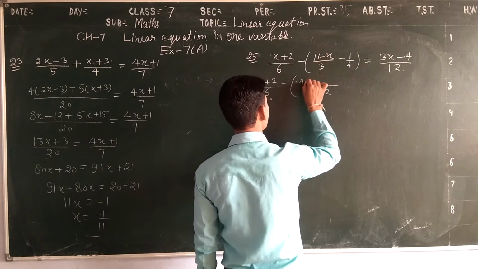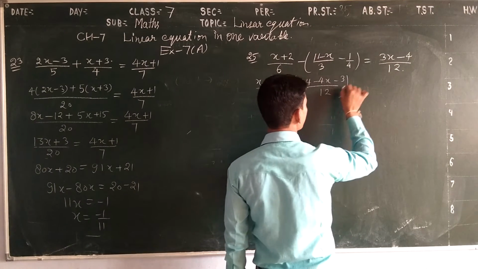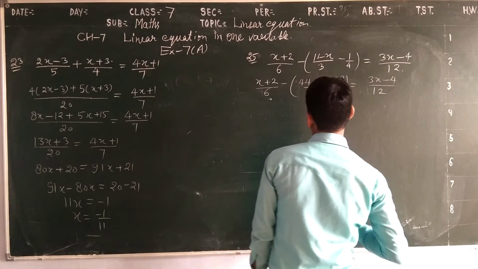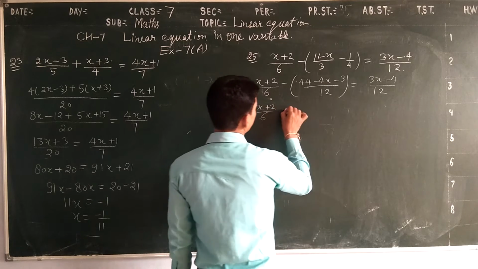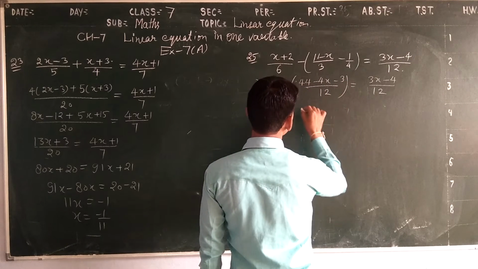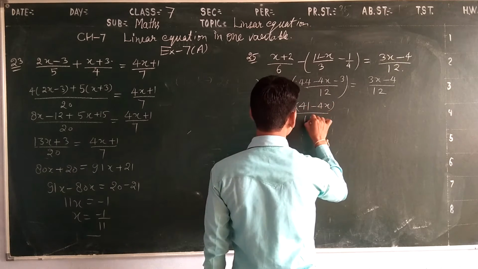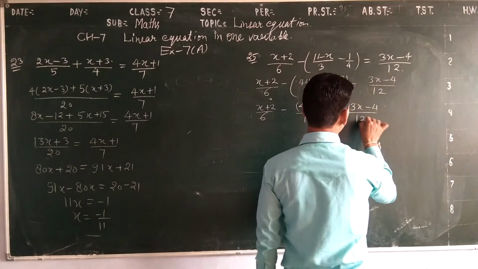So 11 4s are 44 and 4x. 4 3s are 12, means 3 equals 3. 41 and 4x as it is upon 12 equals 3x minus 4 upon 12.